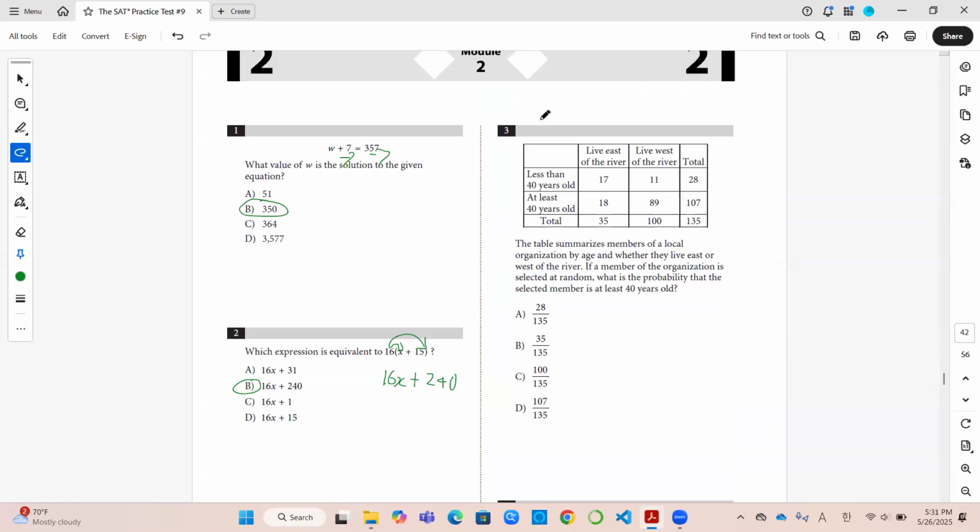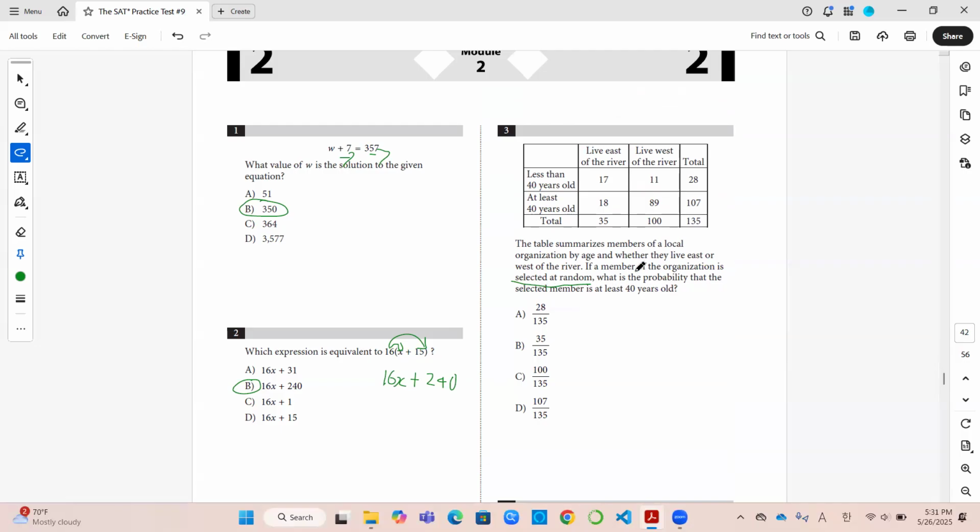Question number three. The table summarizes the members of a local organization by age and whether they live east or west of a river. If a member of the organization is selected at random, what is the probability that the selected member is at least 40 years old?